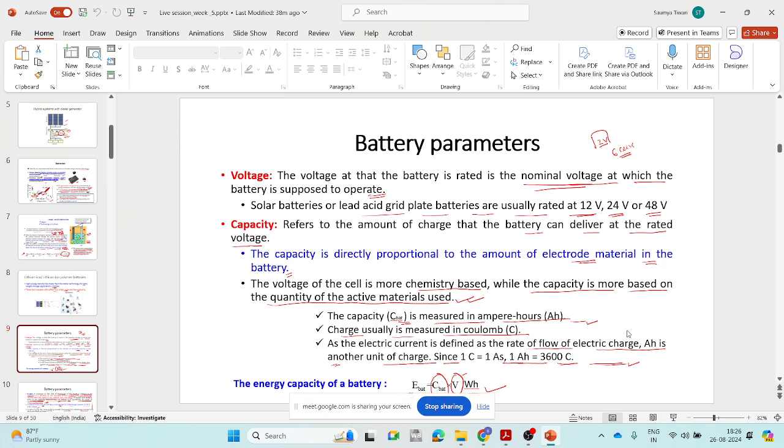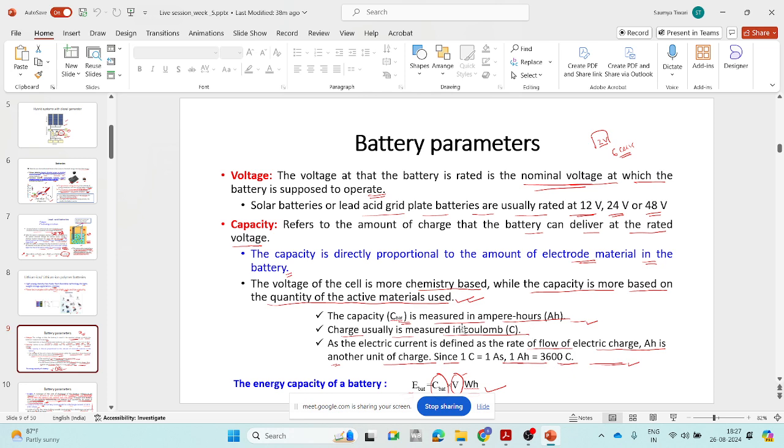The better the electrode material's charge retention, the better will be the capacity of the battery. But voltage depends on the chemical reaction going on in the electrolyte. So voltage depends on the chemistry, but capacity depends on the quantity of active material that we are using.